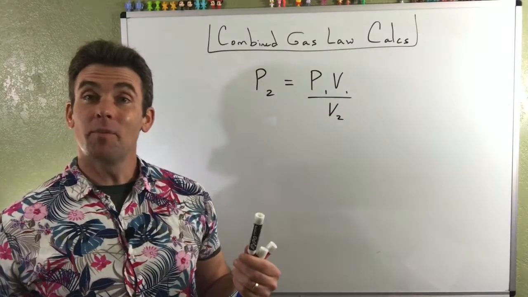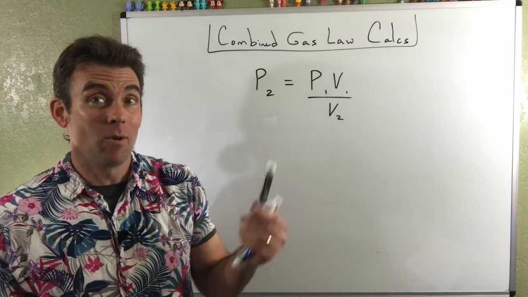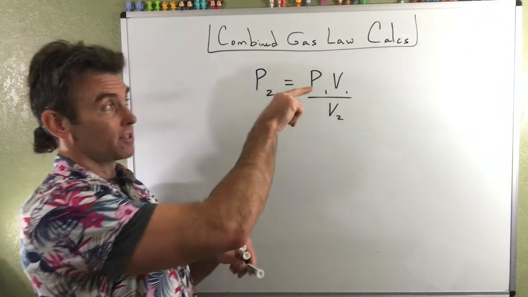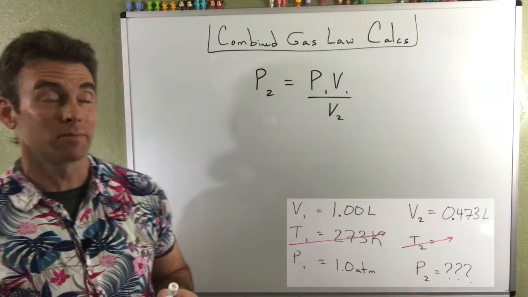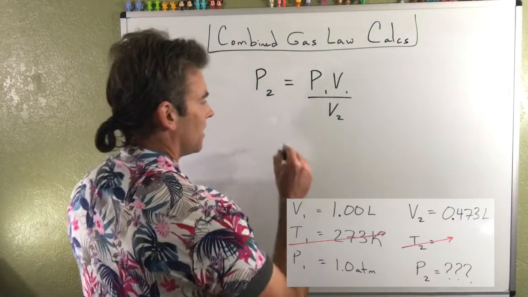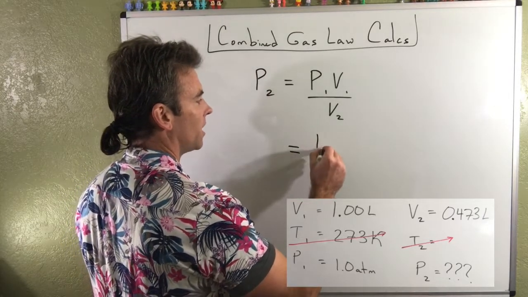Once I've gotten to this point, really all I have to do is do the old plug and chug, right? And so hopefully I'll put a screen capture of all the values that we wrote down in the first part of this video here. My first pressure was 1 atmosphere.